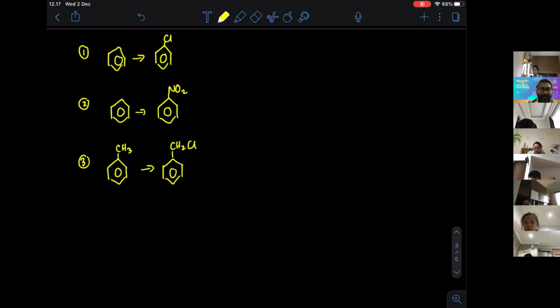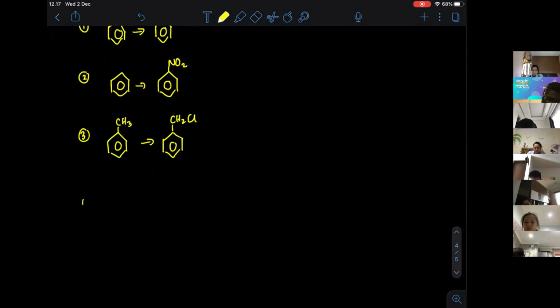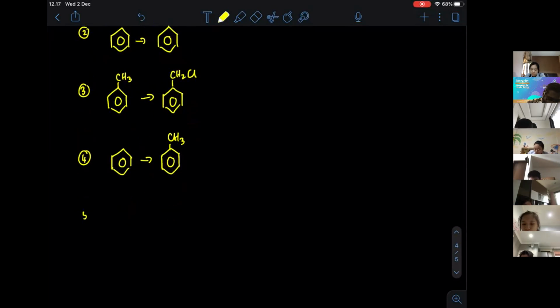CH2Cl. We also learned about number 4, how you change a benzene to give the CH3, a methyl benzene, which is your Friedel-Crafts reaction. Number 5, we have also learned how to change your benzene to put the acyl group over there, C double bond O, and then the R group, maybe CH3.